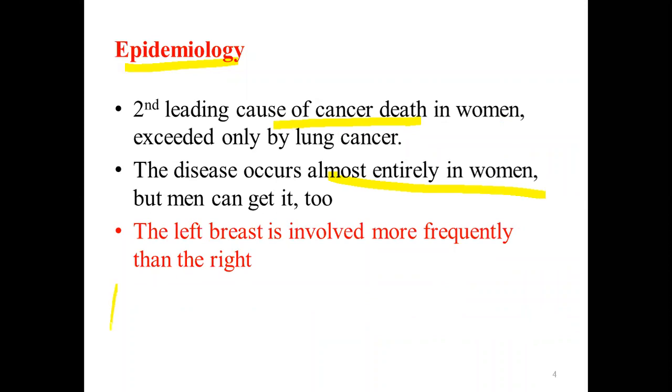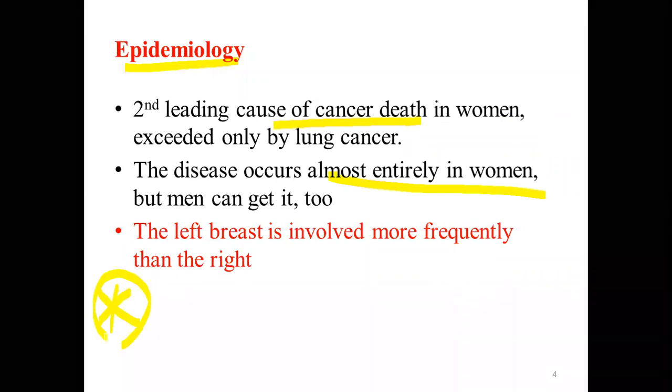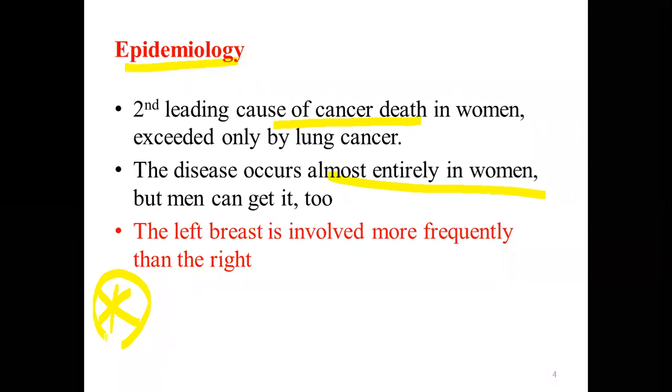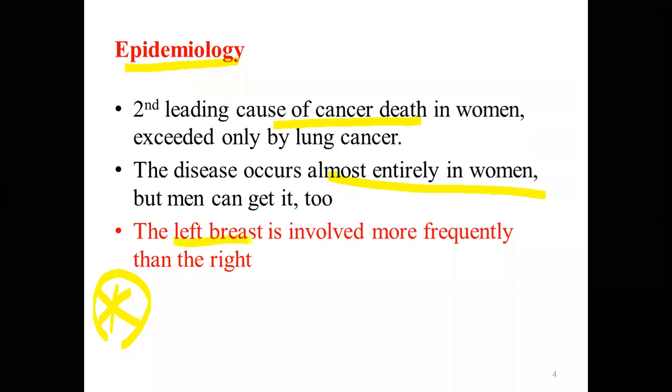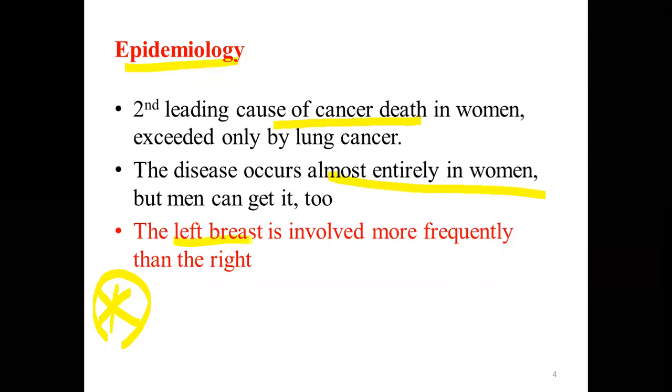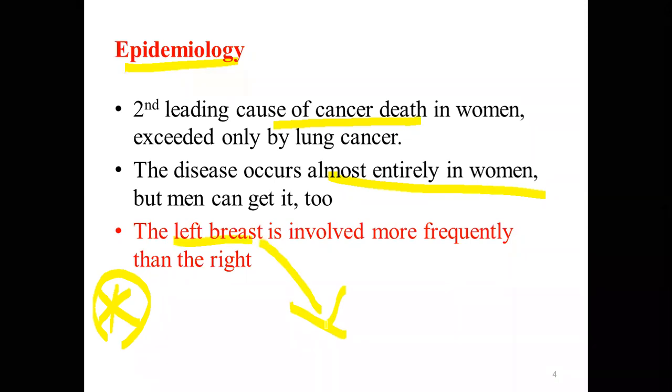Apart from that, despite I don't really know why, breast cancer is usually unilateral, and it is very common in the left breast. But no one knows, according to the information I have and based on my capacity to search, I didn't see why it is very common in the left breast. But anatomically, the left breast is usually bigger than the right breast.